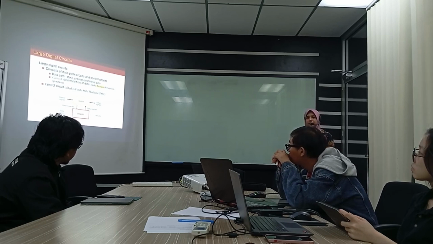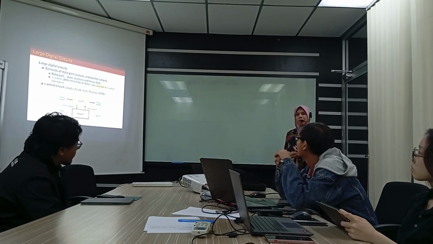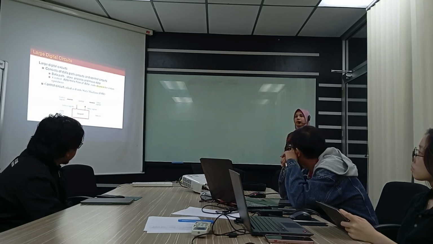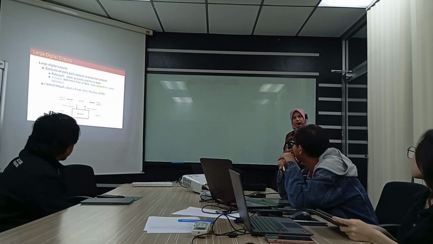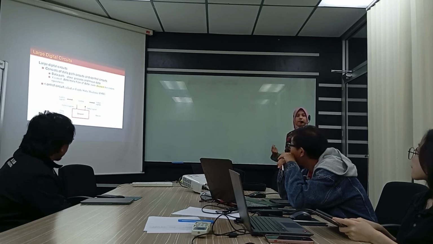The data path will have the sensor to sense the coin that you put in. The data path will do the comparison and the accumulation of the coin. So the operations involving the operators will be in the data path unit, and the item release will come out from the data path.